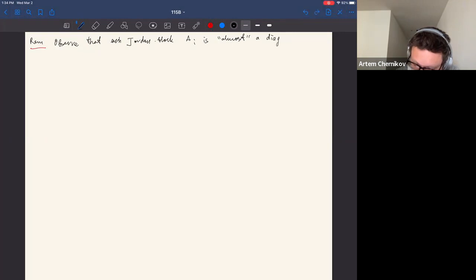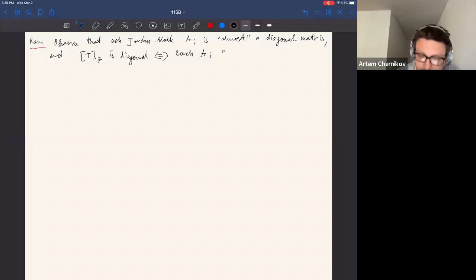And the matrix representing T with respect to beta is diagonal if and only if each block Ai is of the form of a 1-by-1 matrix, which just has the eigenvalue lambda in it.